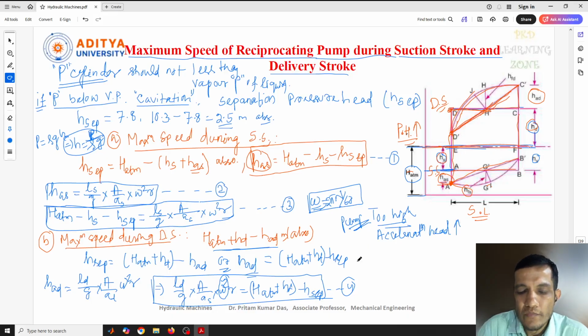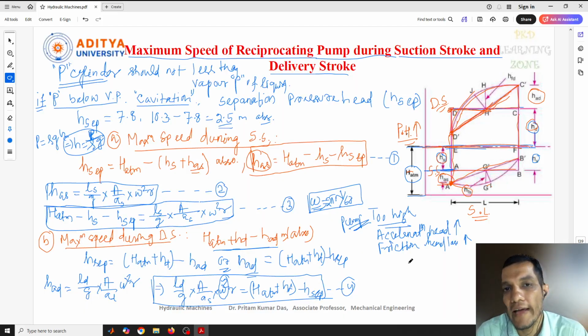Along with that, the friction head loss in the pipe also increases. Similarly, the cylinder pressure will be reduced below the vapor pressure. Again, if the pressure in the cylinder is reduced below the vapor pressure of the liquid, then cavitation forms, that means separation forms.